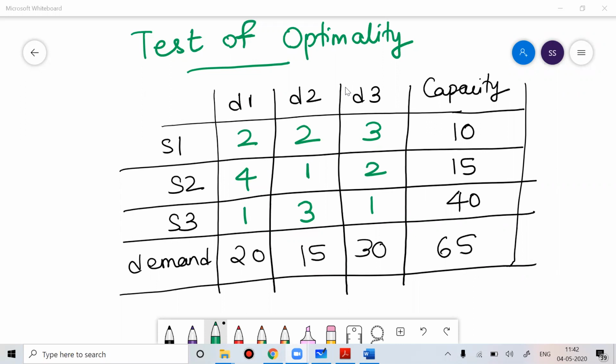Whenever you are given a transportation problem, the data is given in the form of a rectangular matrix, where some form of supply and demand would be given to you between the inventories and all. You can see this is the source of supply and this is the avenue of demand.